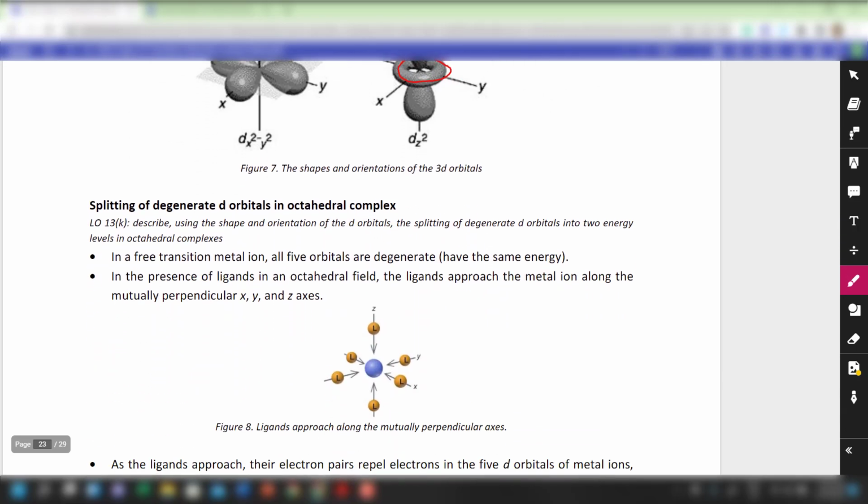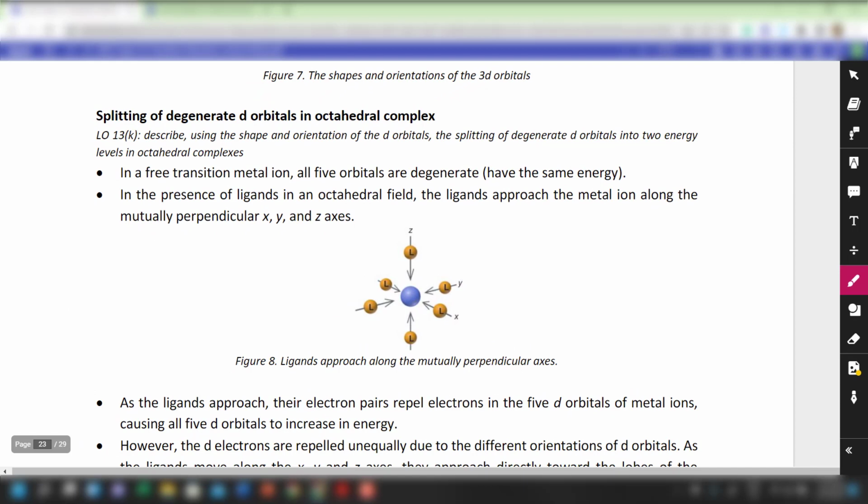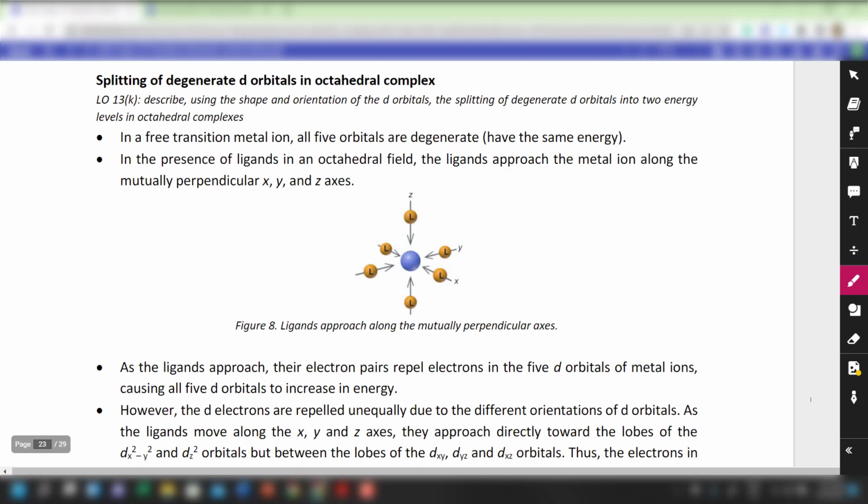So how does this lead to the splitting of the degenerate d orbitals in the octahedral complex? First bullet point, basically in free transition metal ions, all the 5 d orbitals are degenerate.